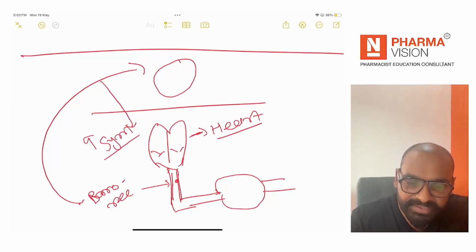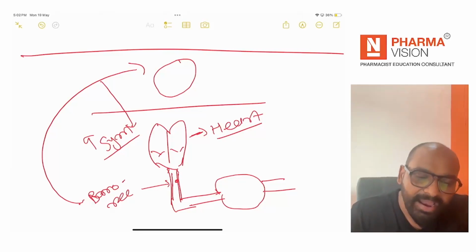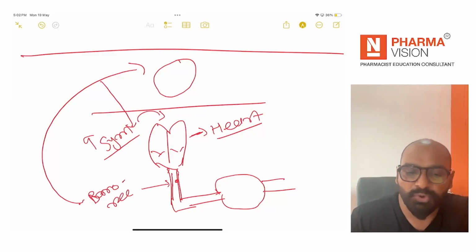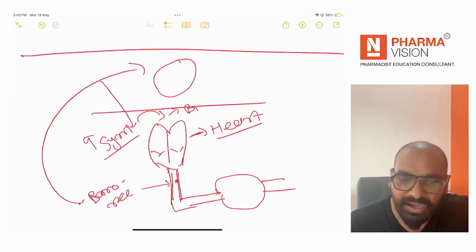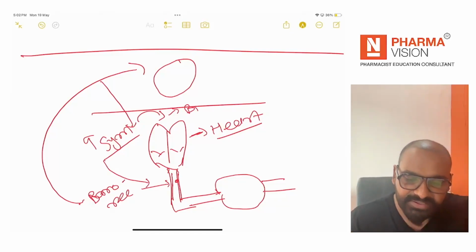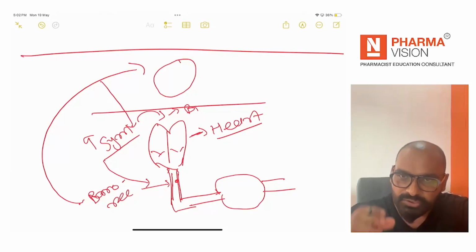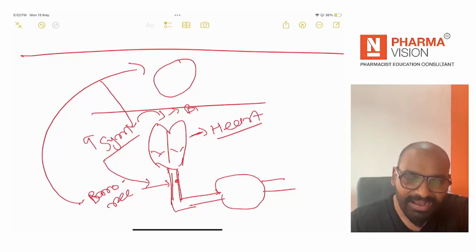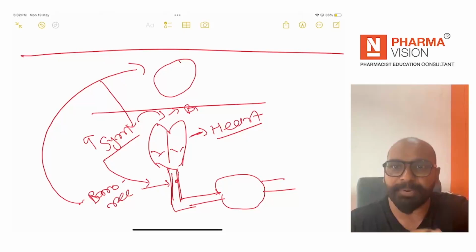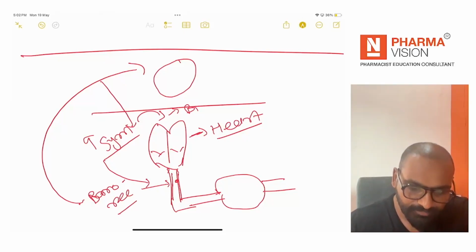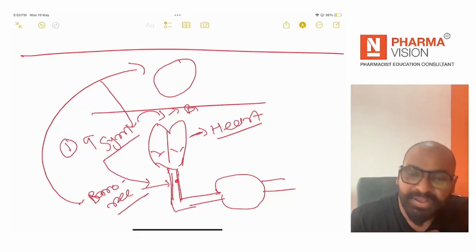Now the sympathetic system is activated, and it stimulates your heart through the beta 1 receptor. Second, this sympathetic system also causes vasoconstriction and exerts pressure. At the same time, it increases the cardiac output. So these two combinations try to maintain and compensate the normal heart function. Okay, this is one compensatory mechanism.